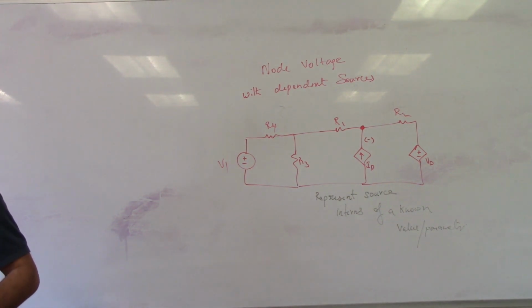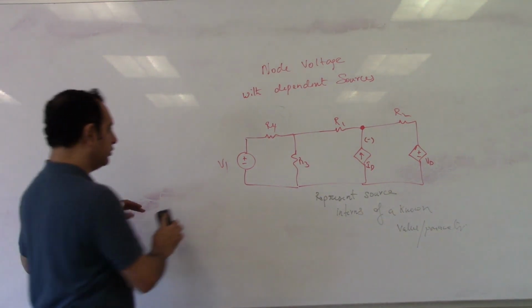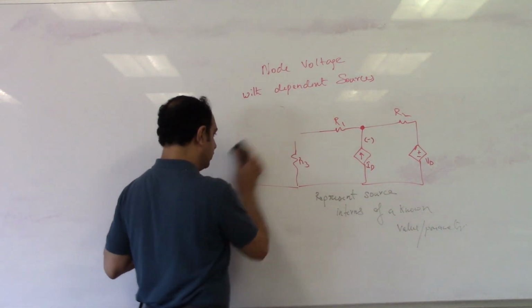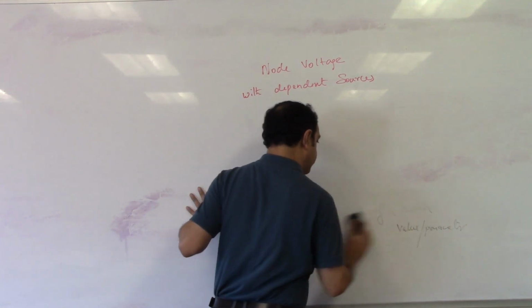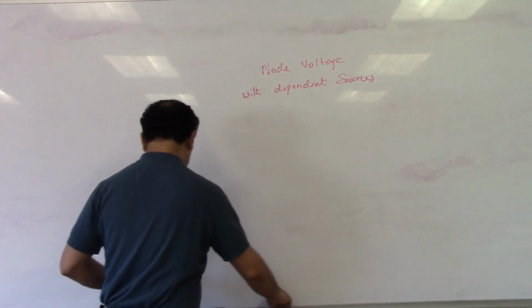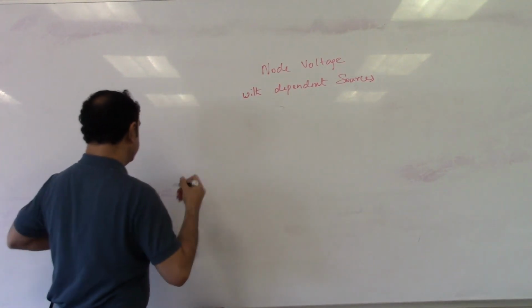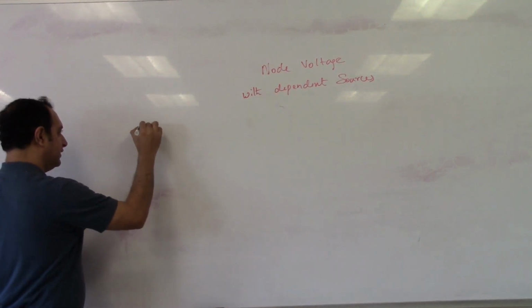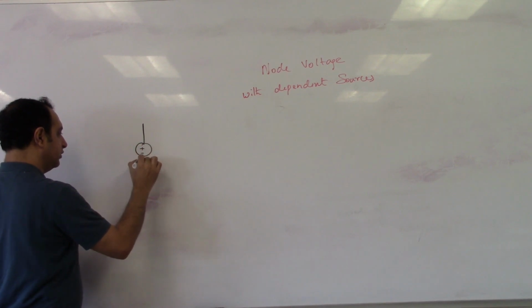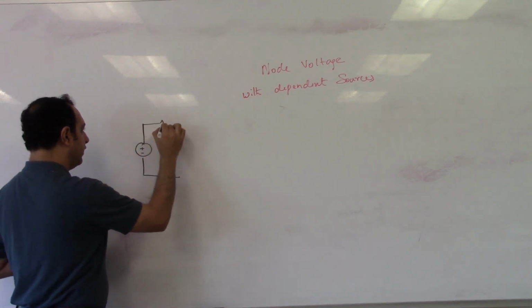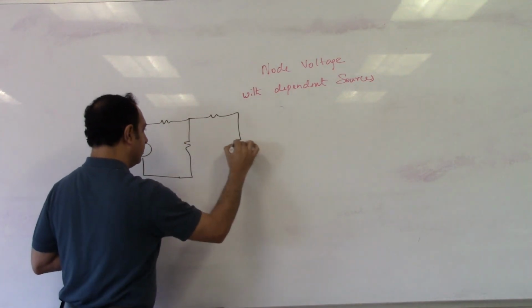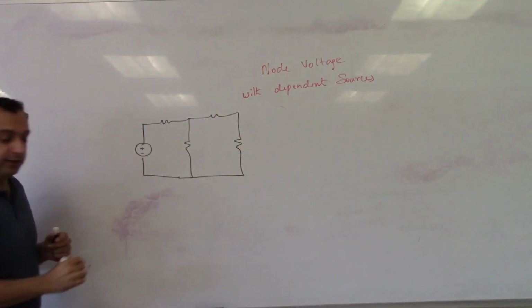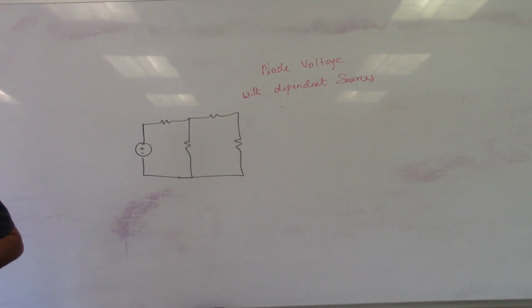Okay. So let's take this very simple question where we have one dependent voltage source. Okay, and then we'll have more than one source so that we look at all different cases. So here, to start with, on one side there is no dependent source, so you guys know how to go ahead and write the equation for one of the nodes. Okay, so 2, 5, 20.